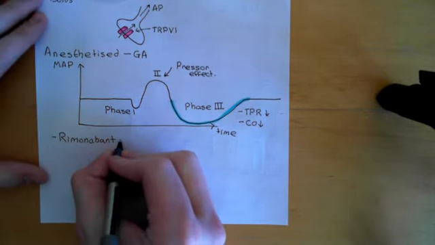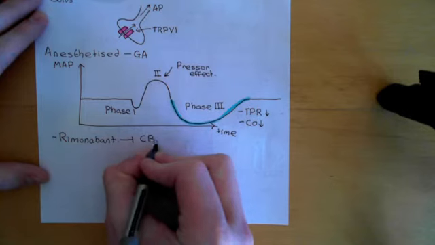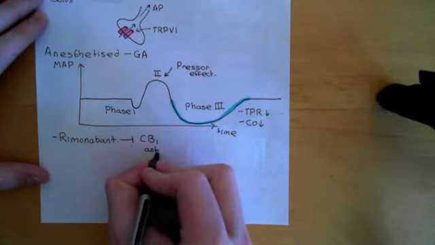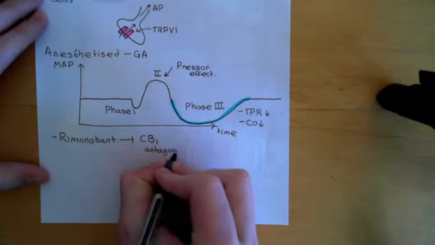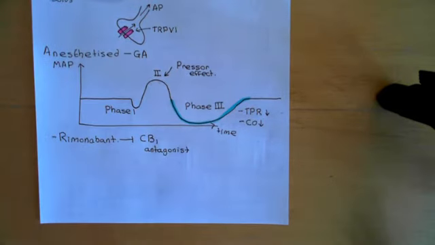Now, rimonabant is a type 1 cannabinoid receptor antagonist, and it's believed to be the antagonism of CB1 receptors in the brain that underlies its appetite-decreasing effects.